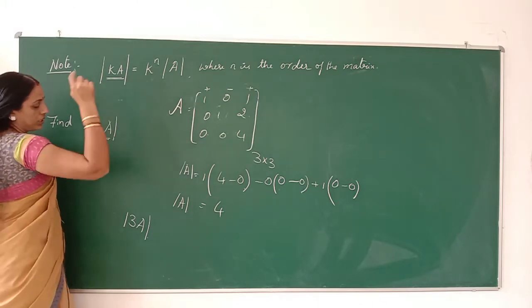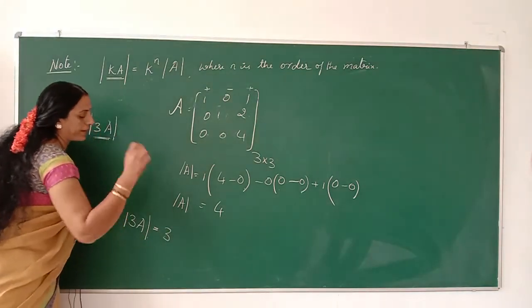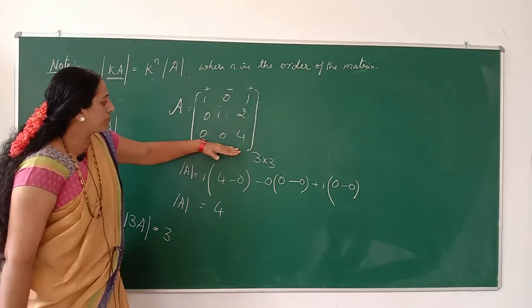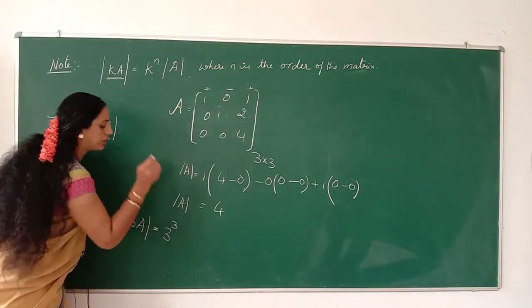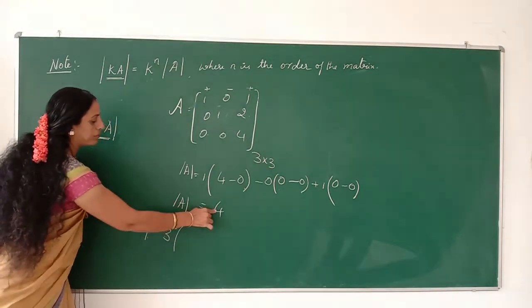So on the right-hand side, k to the power of n means 3 to the power of n, where n is the order of the matrix. In the given matrix, the order is 3 cross 3. Therefore, n is equal to 3. Therefore, 3 to the power of 3 into determinant of A.